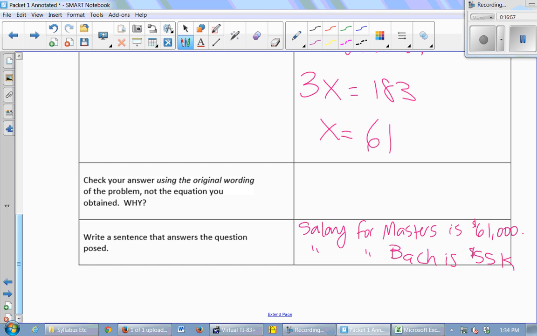So then we should check our answer using the original wording of the problem, right? So we have 61 and 55 as the two salaries. Do they add up to 116,000? If you double the bachelor's salary, you get 110,000. And subtract 49, do you get 61? That was the first sentence.